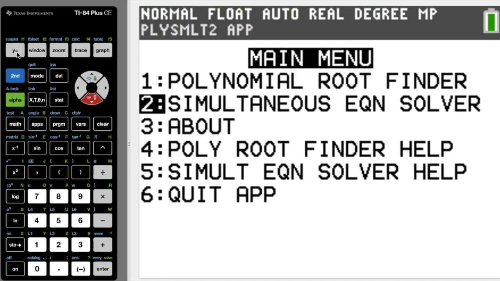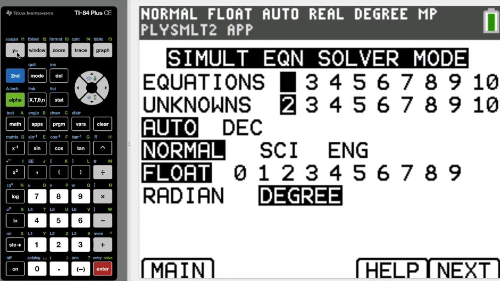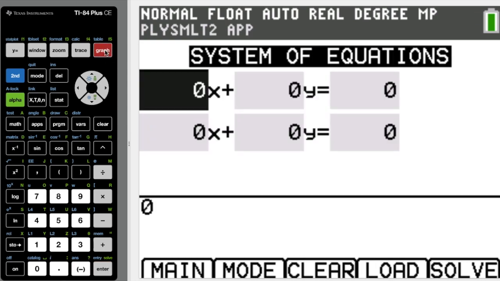So what this will do is if I go in here, I can indicate how many equations I want to do. Now there are some of you that know how to do this with matrices, but if you have one here, you can put in your linear equations and the unknowns and go ahead and do this. Let's just make up one here. I'm just doing this on the fly.